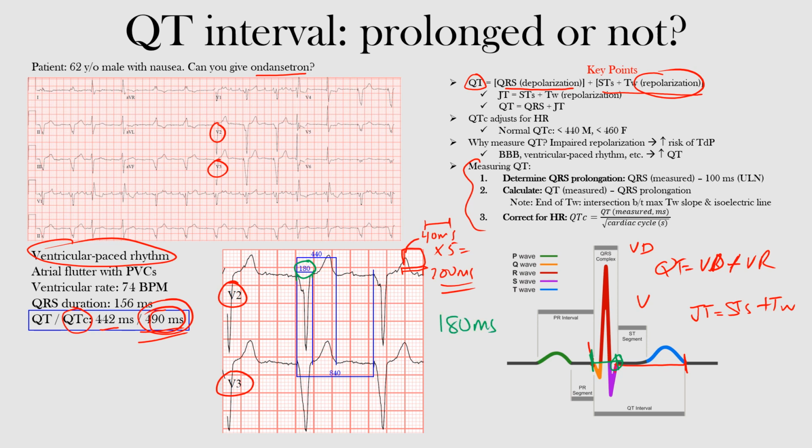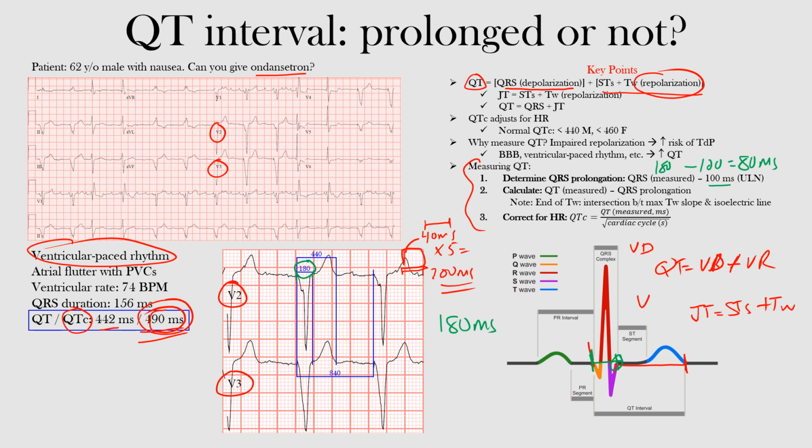So the QRS duration in this patient's EKG is 180 milliseconds. We said that we can use an upper limit of normal of 100 milliseconds, so you do 180 minus 100 and you get 80 milliseconds. That's the extra part of depolarization from normal.